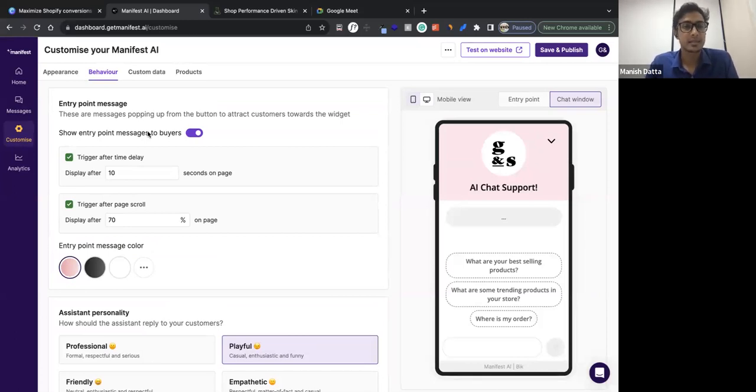But what we've seen is this can vary from around 10% to around 0.5%, based on whether somebody does not want to show the entry point message. But again, that varies a lot on how you want to set it up, how many prompts you want to give to engage your customers.